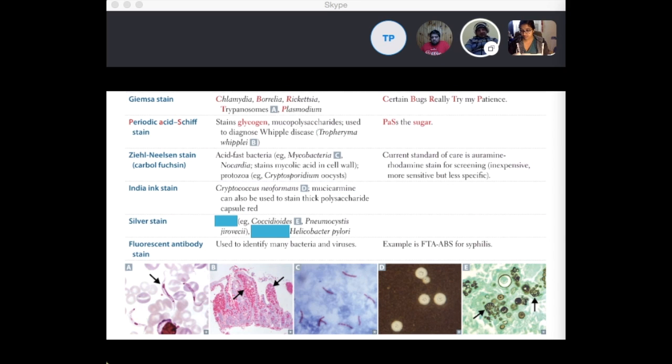And then we have the silver stain, which is used to stain what kind of organisms? Fungi? Yes. Can you give an example? Legionella. There's your example. And what color does silver stain?